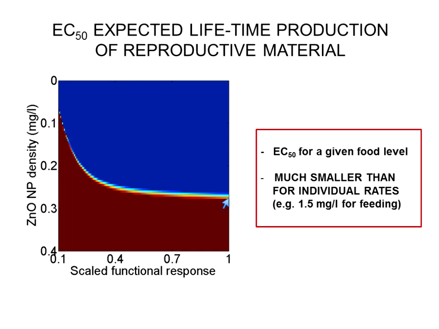But the really important outcome is that the EC50 for the lifetime reproduction is actually much, much lower than the EC50 that you get for the individual physiological rates.